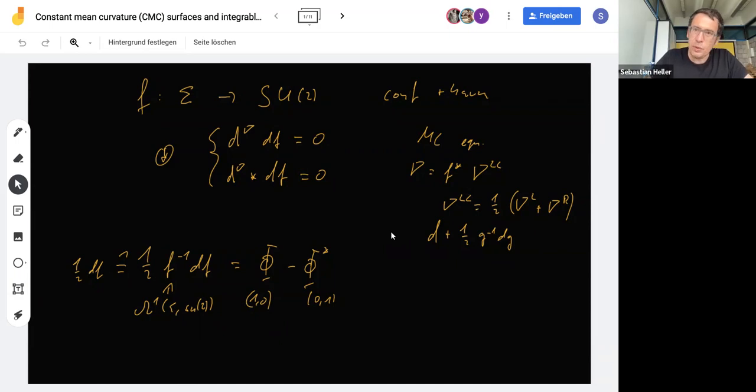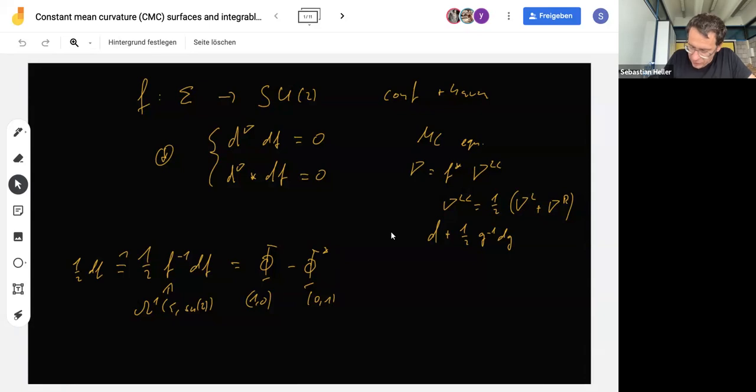The two equations, the Cartan equation and the harmonicity equation, give us, because we can rewrite phi as 1/2 times 1/2 f inverse df minus i star f inverse df, which is the complex linear part.